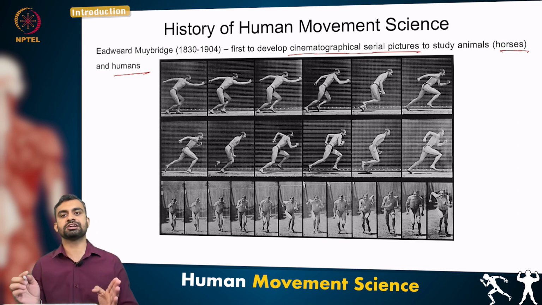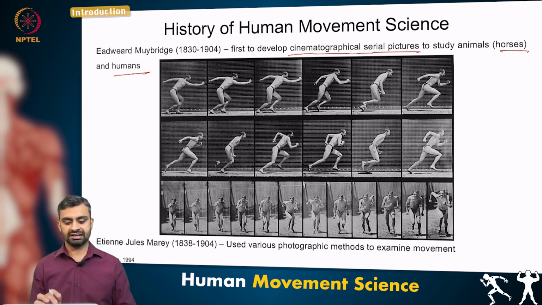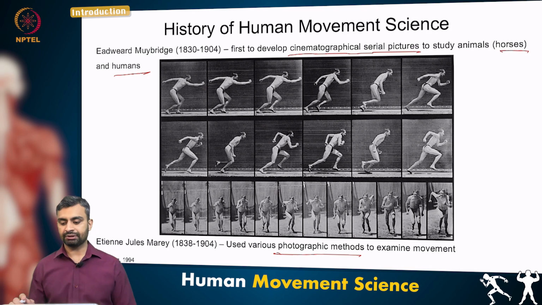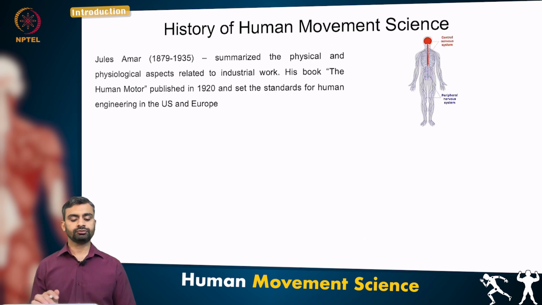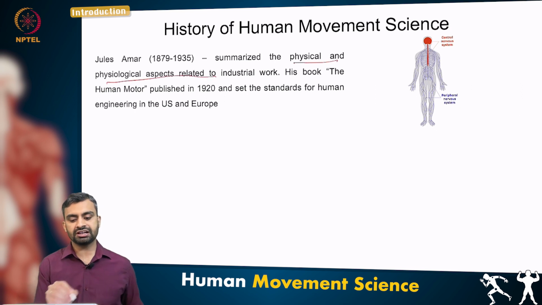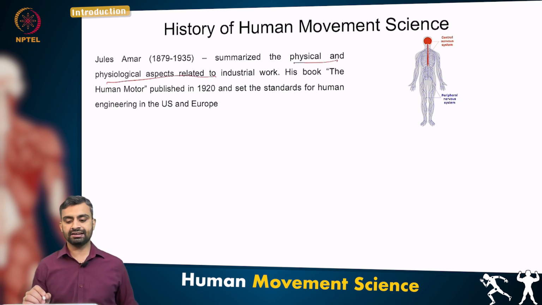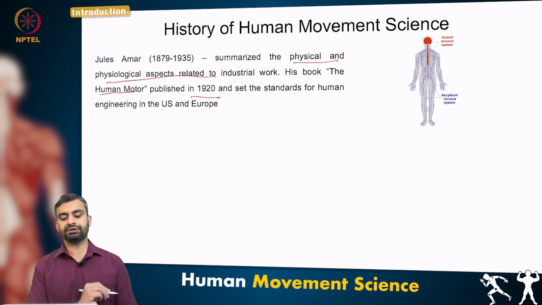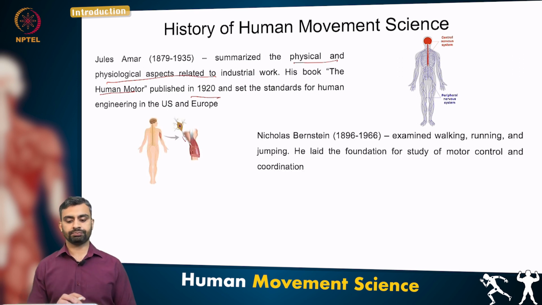His contemporary Etienne Jules Marey also used various photographic methods to examine movement. Similarly, Jules Amar summarized the physical and physiological aspects related to industrial work, and his book The Human Motor, published in the 1920s, set the standard for human engineering in the United States and Europe.